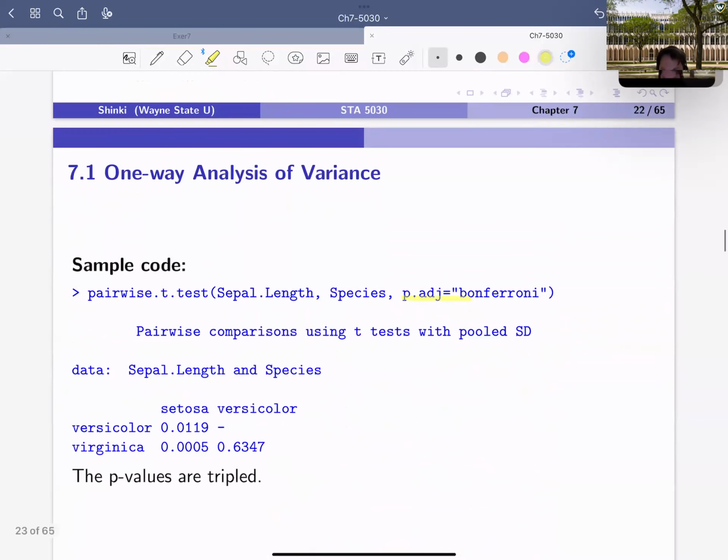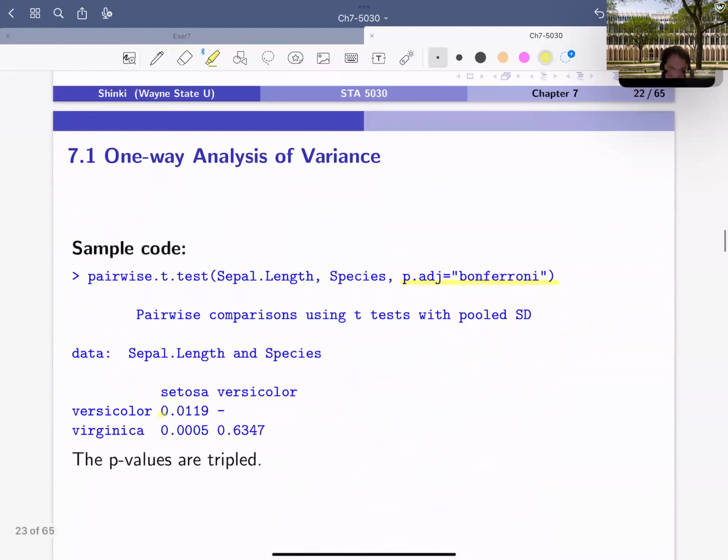The p-value can be adjusted by this method, which is called Bonferroni's method. In this case, all p-values are 3 times larger. So this is 3 times the original p-value of 0.0398 and so on.